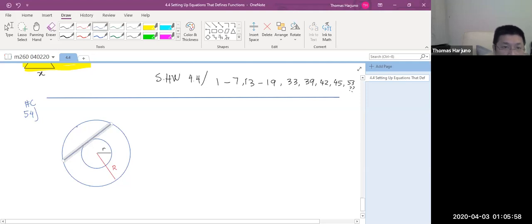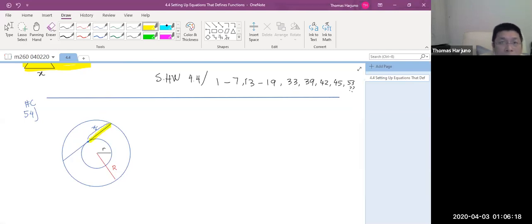So they have a tangent here, perpendicular. Now it says that this length is x.